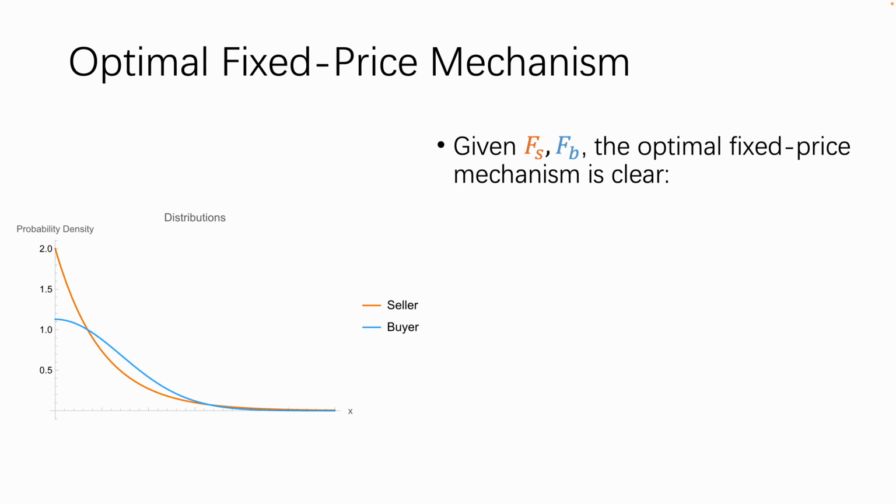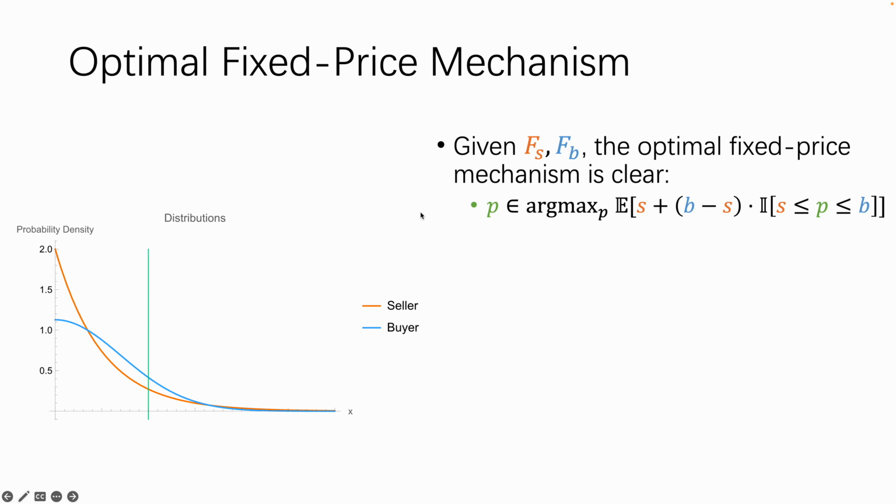We could see that in this setting, the optimal fixed price mechanism is quite clear and straightforward. Since the mechanism knows the distributions, it can simply calculate the expected welfare if we set the price to be P.